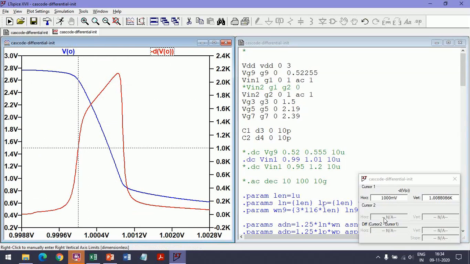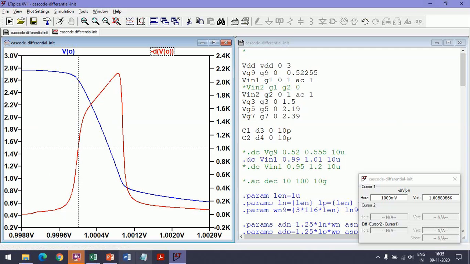The gain is just 1000. So it is met. The output voltage swing is from 2.6 to almost 1 volt. So it is greater than we needed, 2.6 to 2.3. This is greater, not a problem at all. So we've met all the DC criteria for the circuit.